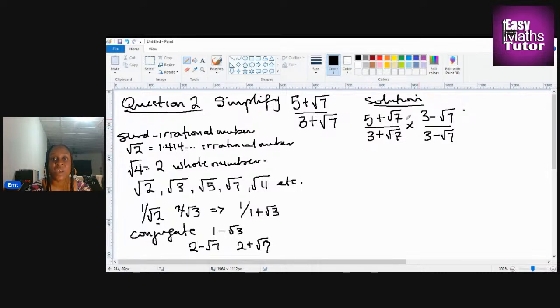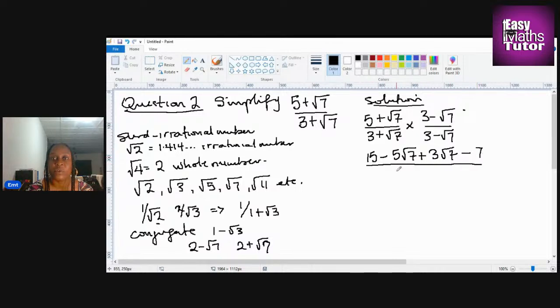For the numerator, we multiply 5 by (3 minus root 7) plus root 7 times (3 minus root 7). 5 times 3 gives us 15. 5 times minus root 7 gives us minus 5 root 7. Root 7 times 3 gives us plus 3 root 7. Then root 7 times minus root 7 gives us minus 7.